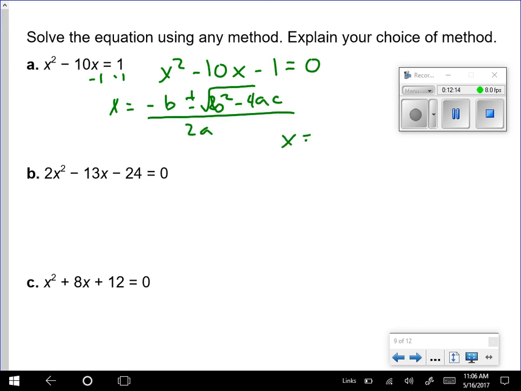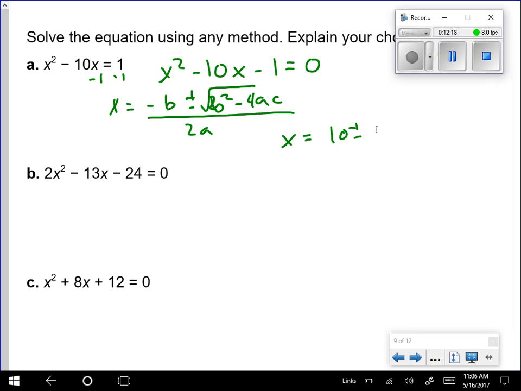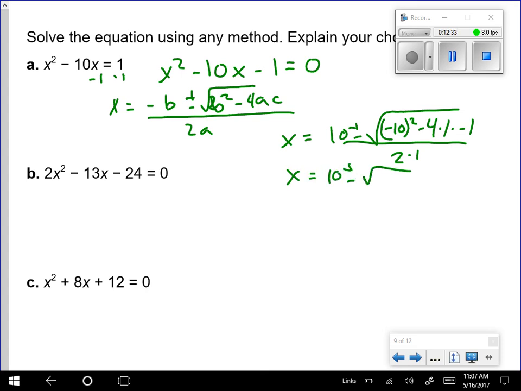So if I wanted to do that, I would have 10 plus or minus the square root of negative 10 squared minus 4 times 1 times negative 1, all over 2 times 1. So I'd have 10 plus or minus 100 minus, which will actually be plus 4, over 2.